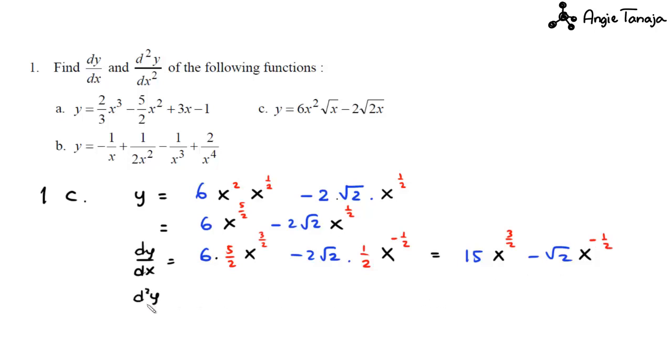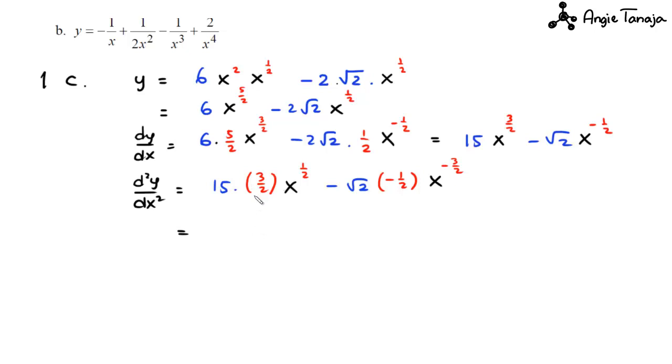The next thing is the second derivative. So this will be 15 times 3 over 2 x to the half, minus root 2 times negative half x to the negative 3 over 2.